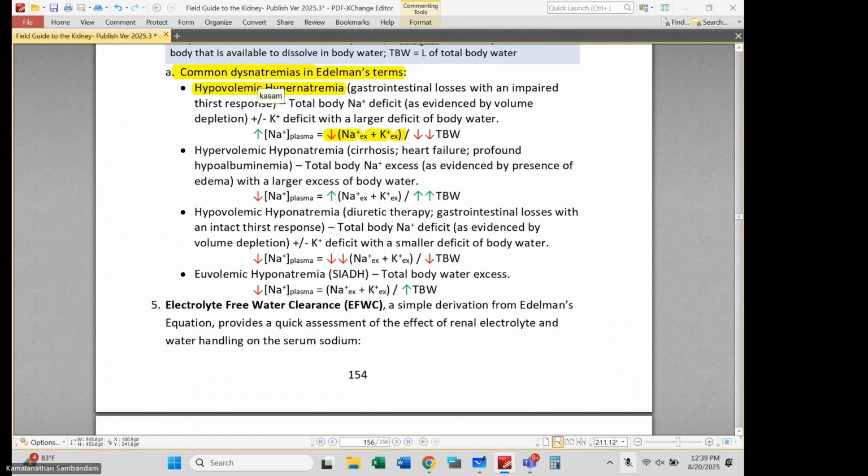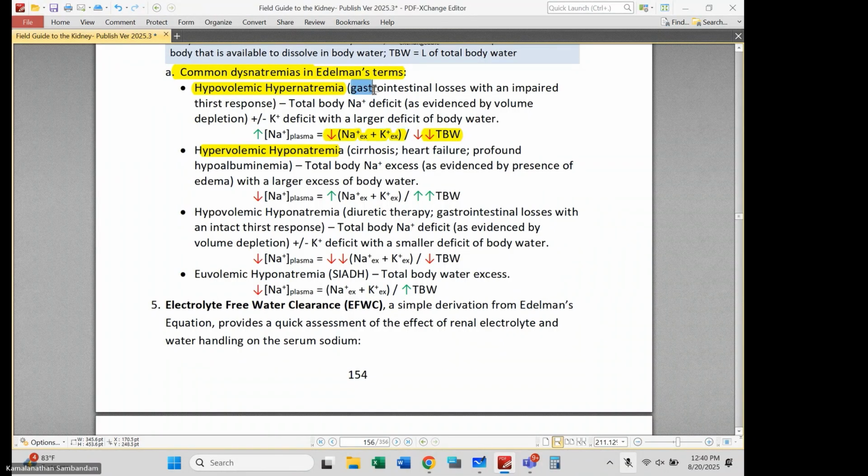We'll get to hyponatremia. So hypovolemic hypernatremia is a patient, if you're hypovolemic, your total body salt content is low, right? But if you're hypernatremic in that context, it means your water deficit exceeds your salt deficit. And so the quotient is increased. That's what a hypovolemic hypernatremic is.